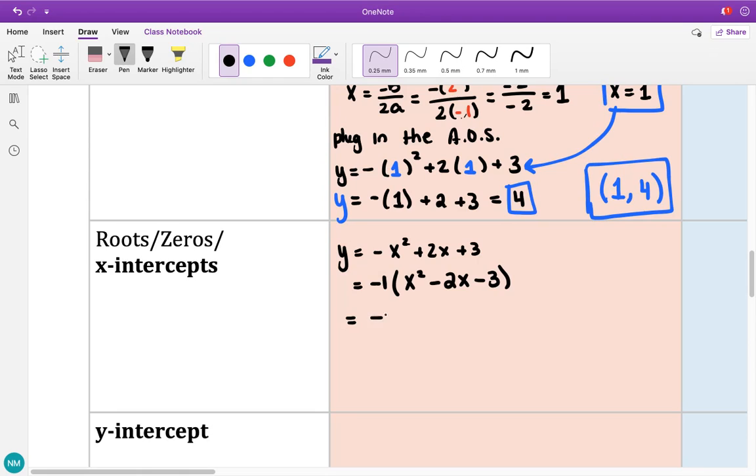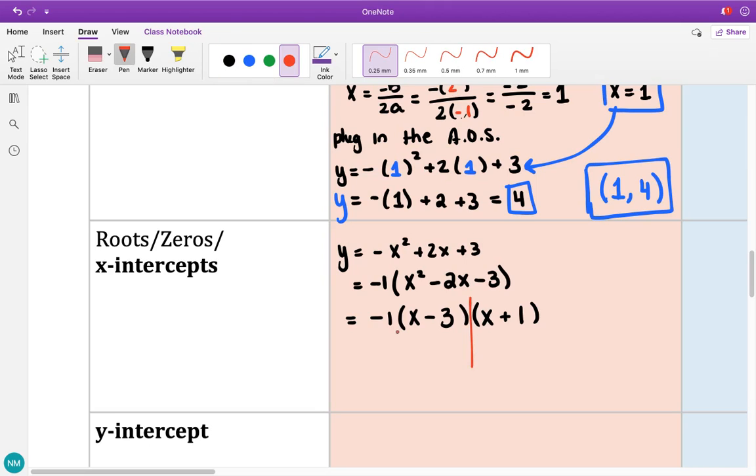Now I have negative 1, and I'm going to factor x squared minus 2x minus 3. So I need two numbers that multiply to negative 3 and add to negative 2. 3 is prime, so it has to be a 3 and a 1. It's negative 3 times positive 1, because negative 3 plus 1 is negative 2.